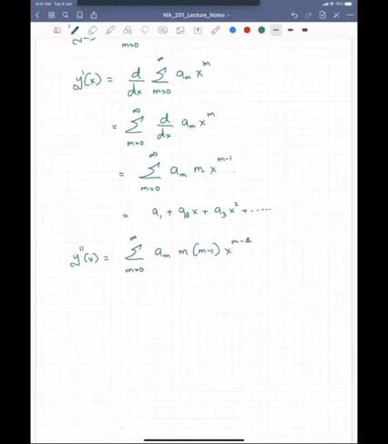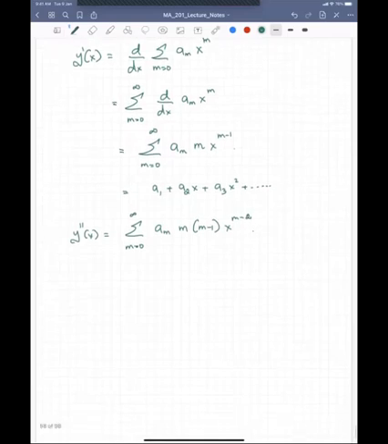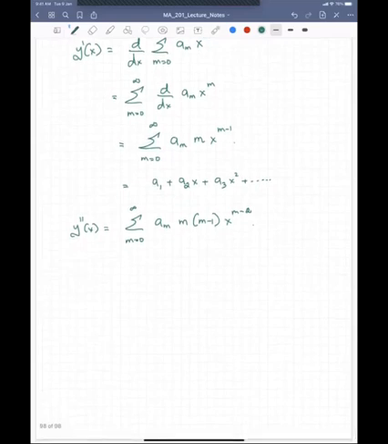Again, you don't have to worry that there can be powers of minus 1 and minus 2 here, because this series vanishes for both m equals 0 and m equals 1. So if I write the series out in detail, m equals 0 is 0, m equals 1 is 0, so this series starts at a2, and a2 has 0 powers of x, so it's a constant. Then a3 x plus a4 x squared, and so on and so forth.